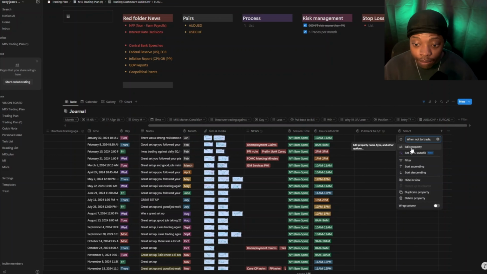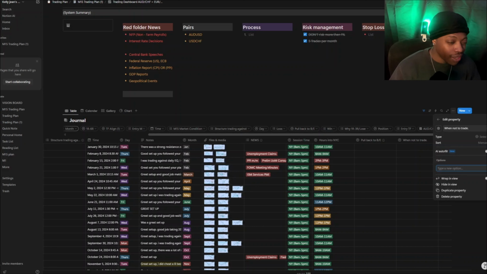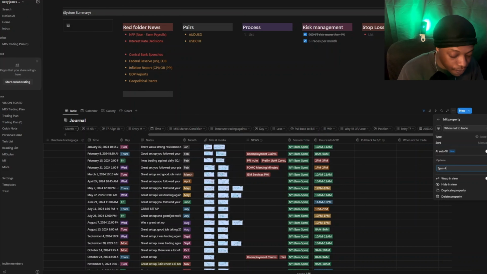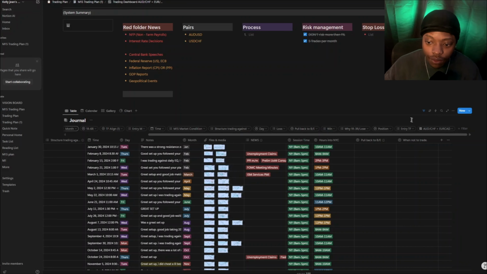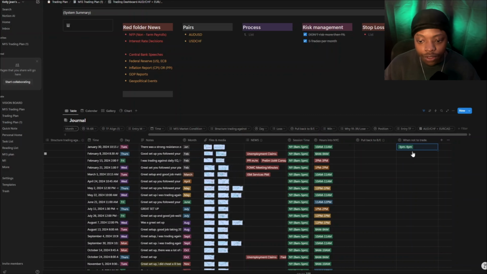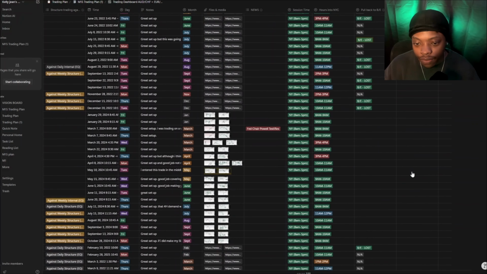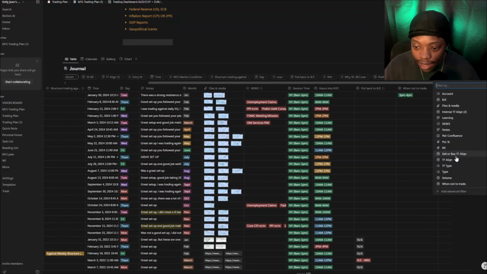And let's edit the property and let's add an option. Let's say from our reviews to not trade from 3 p.m. to 4 p.m. And if I were to add this filter with this journal to not trade from 3 p.m. to 4 p.m., I would have to obviously implement those, and then I would have to go back to filter and add when not to trade.